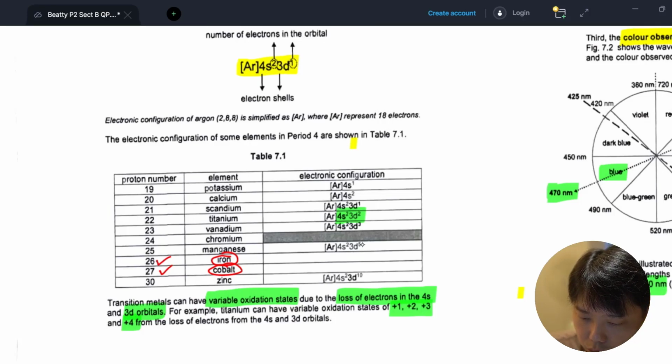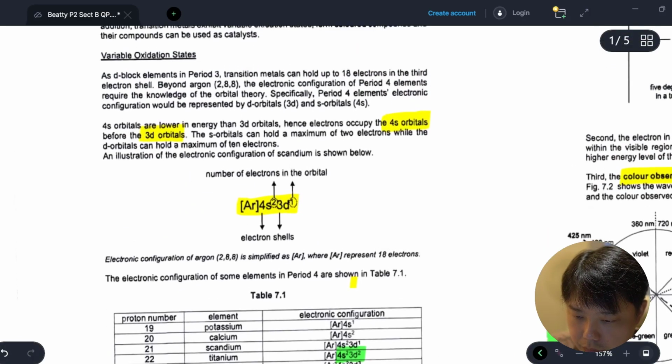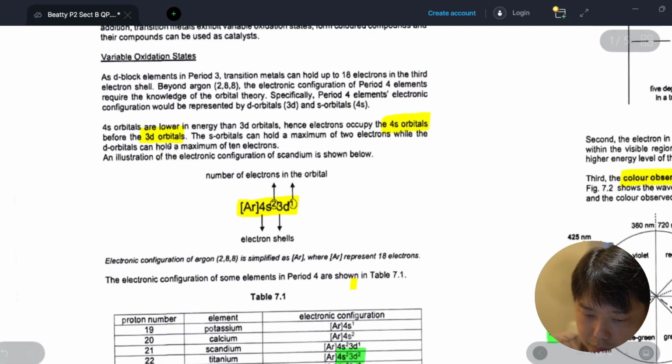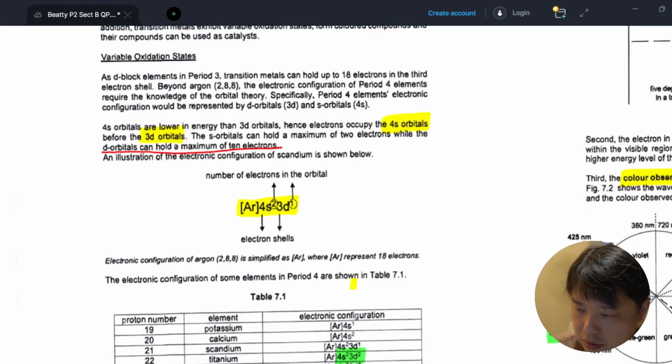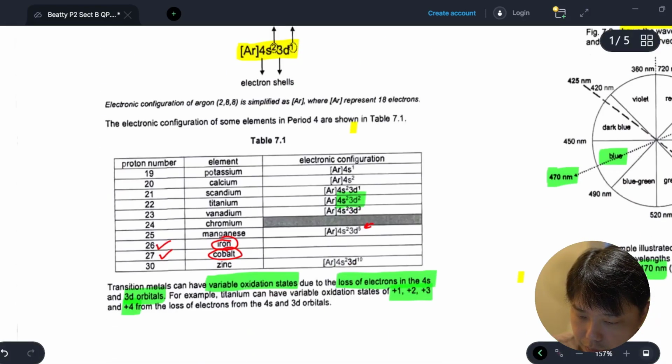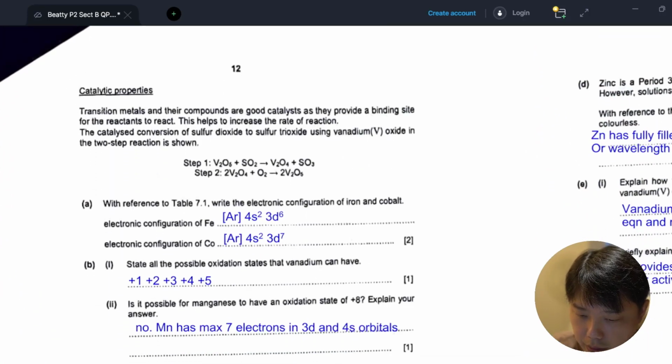So all you need to do is add 1 electron and 2 electrons to the 3d orbital, because they say that it can hold a maximum of 10 electrons. You see that here. So if we move back down to our question, that is what we are going to write.